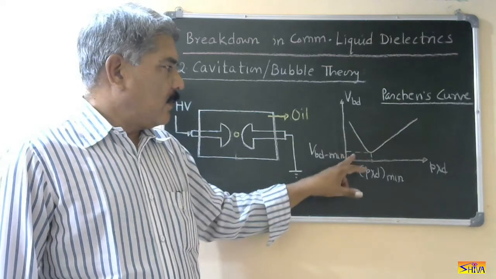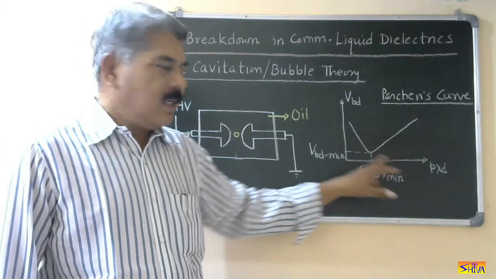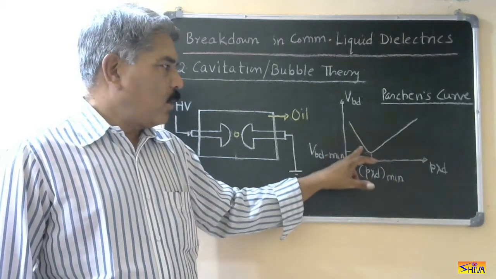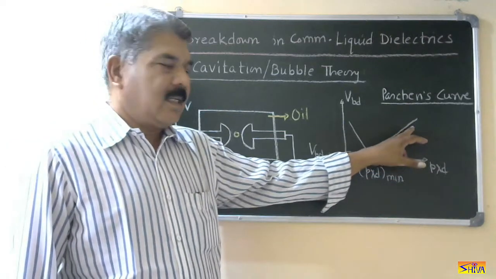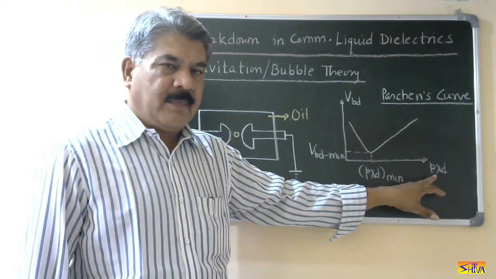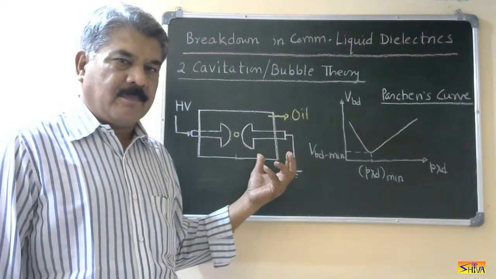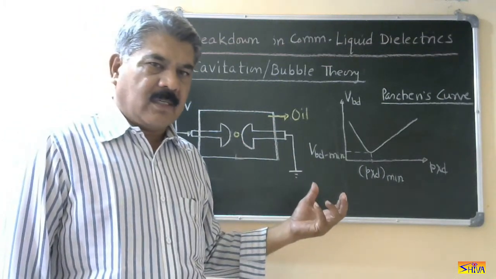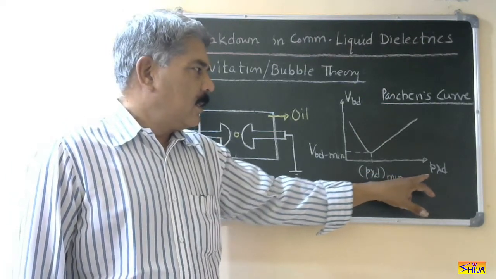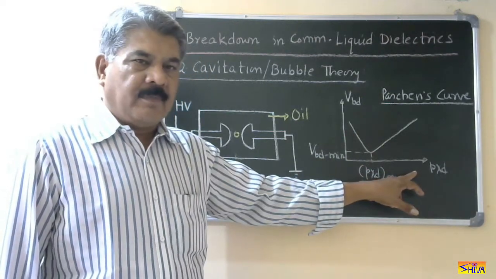When we go on increasing p into d, the breakdown voltage reduces, and then further it increases as we go on increasing p into d. So in this case, pressure is constant, so breakdown voltage will depend on d.